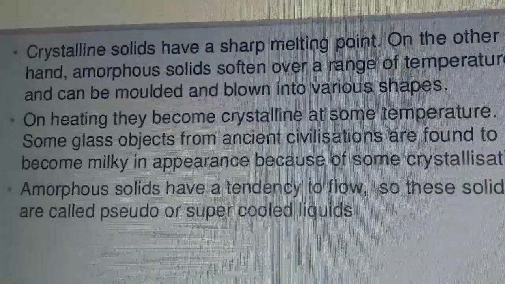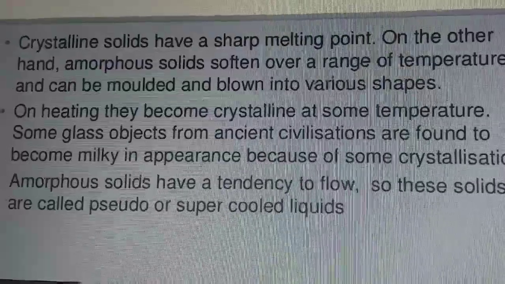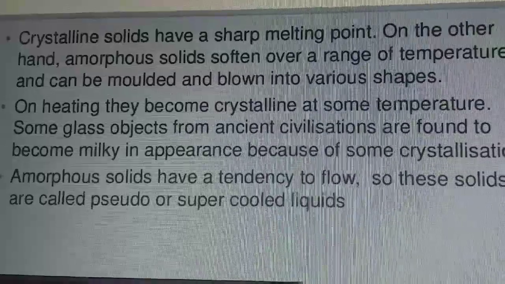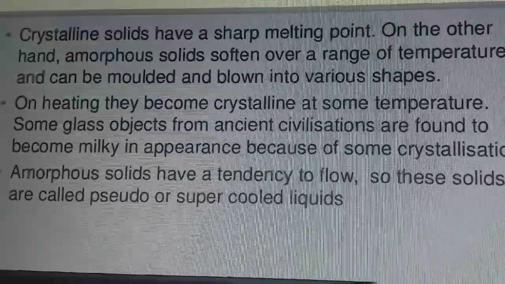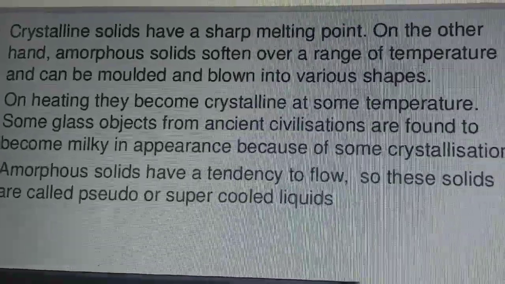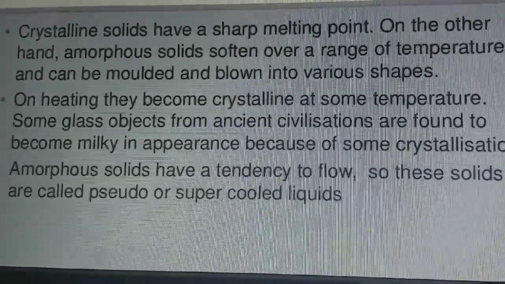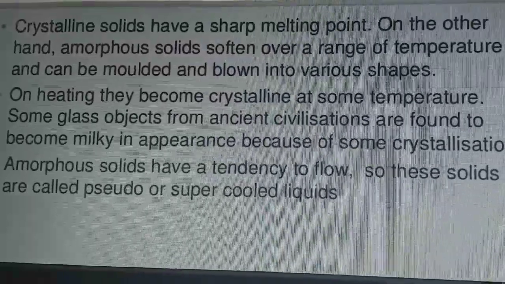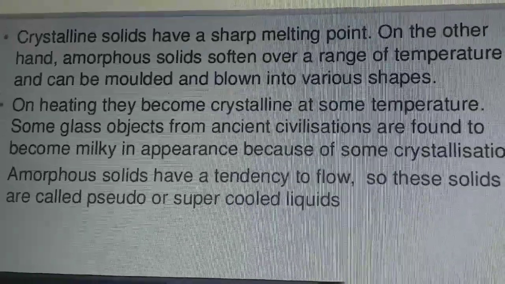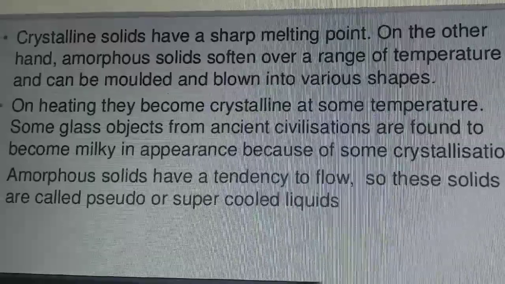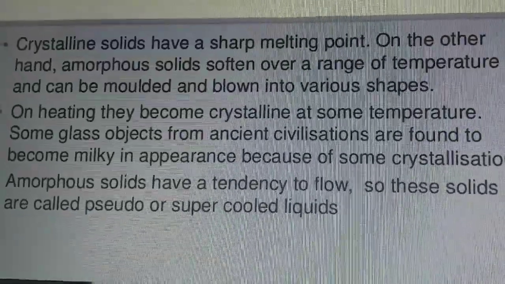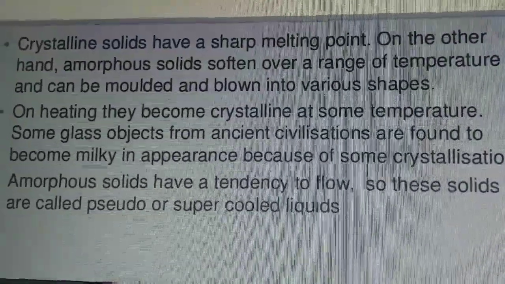Next, we are going to distinguish between amorphous and crystalline solids. First we understood what is a crystalline solid and what is an amorphous solid. Crystalline solids have definite geometry and are long range order solids. But amorphous solids don't have definite geometry and are short range order solids.